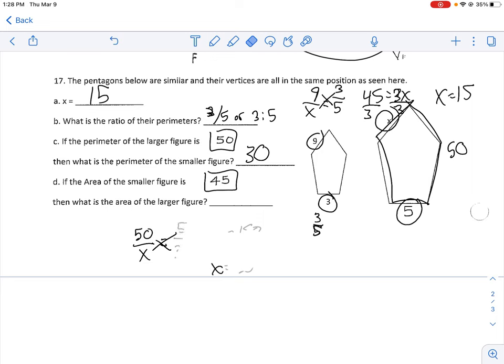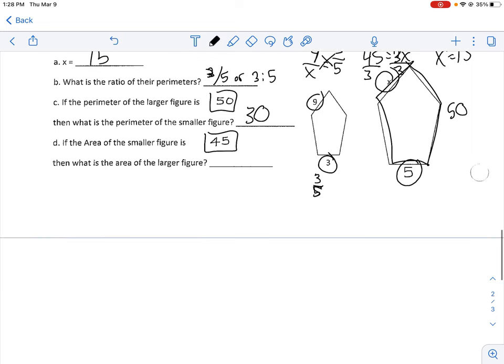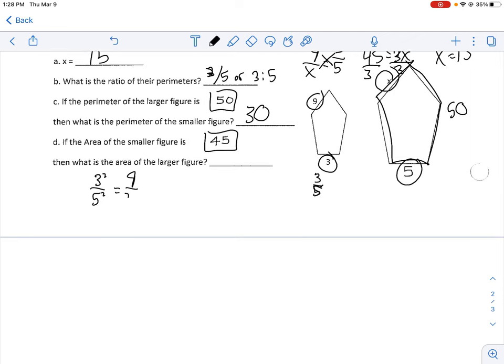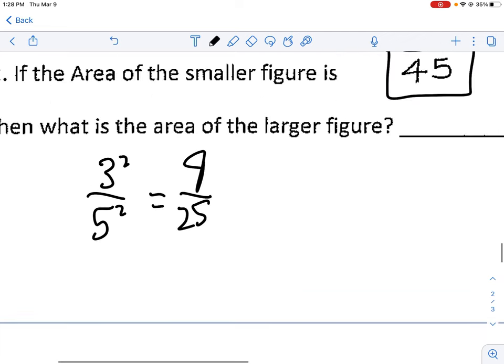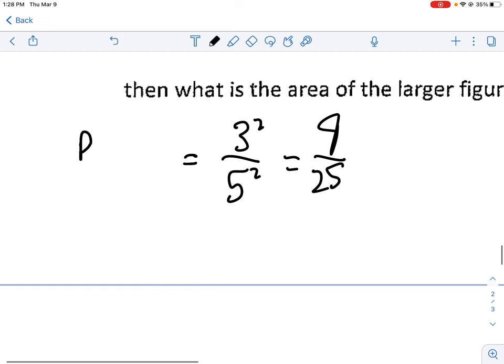Okay, so then we can solve the area of the larger figure using our area ratio. Our area ratio is always the ratio of the sides, each of those squared. So we would have 9 over 25 as our ratio of areas.